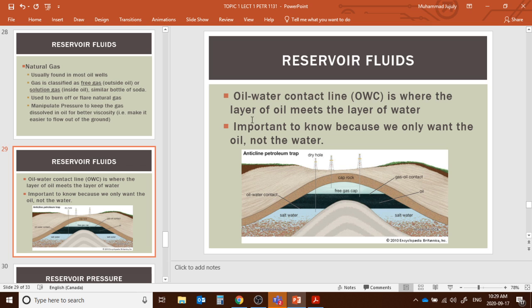Oil water contact line: here, the oil water contact line is a film where the layer of the oil meets the layer of the water. It is important to know because we want oil, we don't want the water right now. I mean, when we are thirsty we can definitely have it, but remember that's salt water, so we just can't directly drink that.